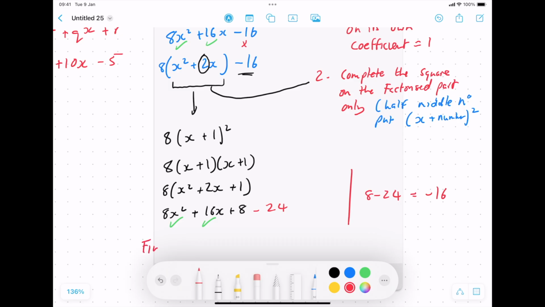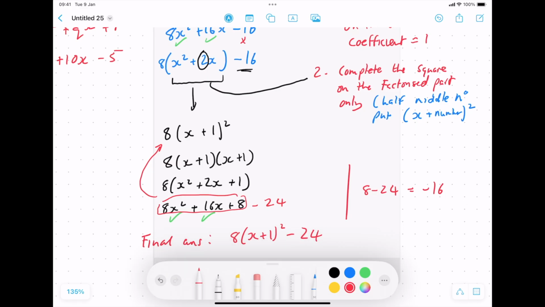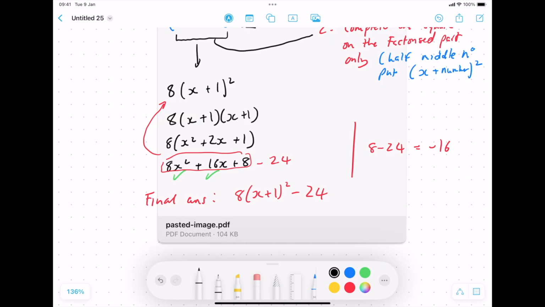Remember, this bit that I've just made has come from this part, so I'm going to rewrite that. It'll be 8 times x plus 1 all squared minus 24. From the original expression, factorized into the form a bracket x plus b all squared plus some value c, we can see that a is 8, b is 1, and c is negative 24.